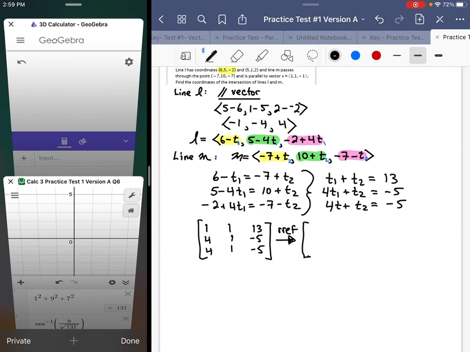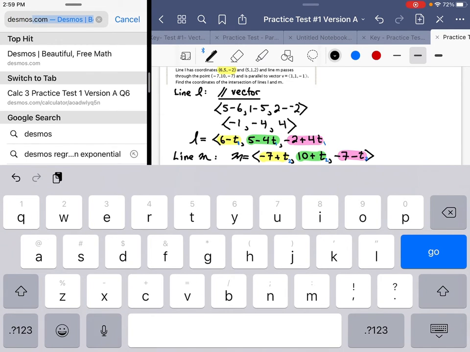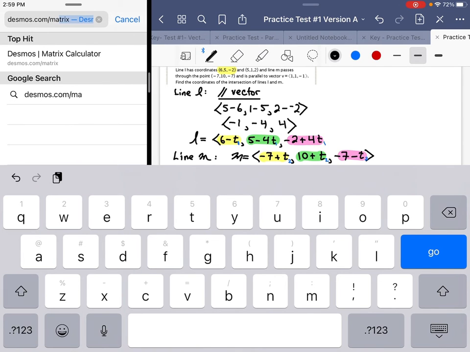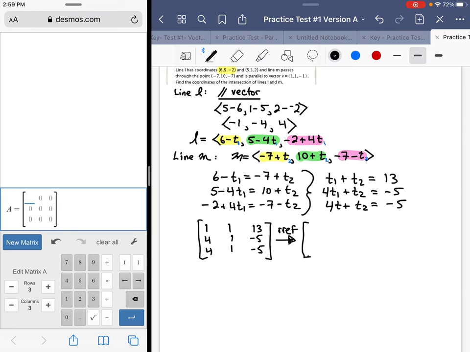So let me get a, oh, I don't have a matrix calculator up. Desmos.com/matrix. Oh, start typing. And you get there eventually. New matrix, 3 by 3. 1, 1, 13, 4, 1, negative 5.